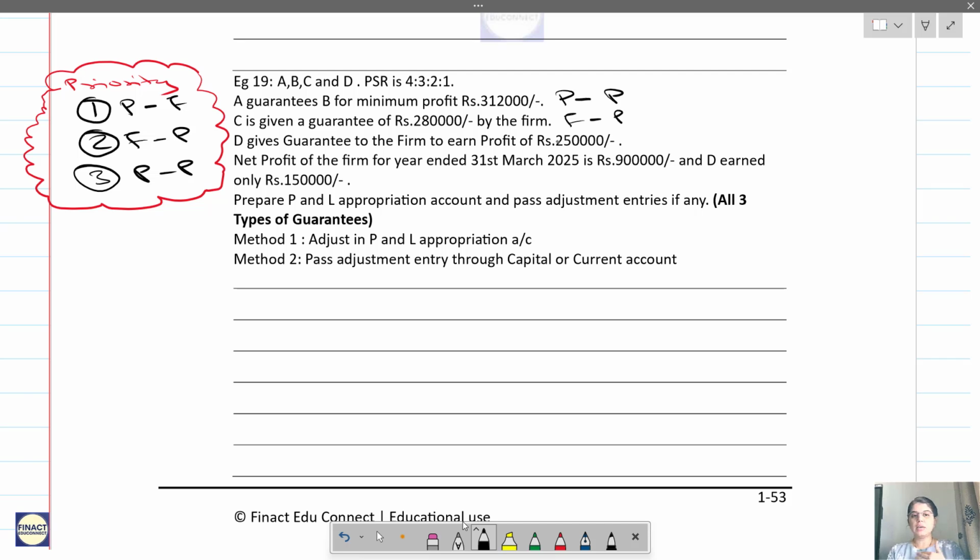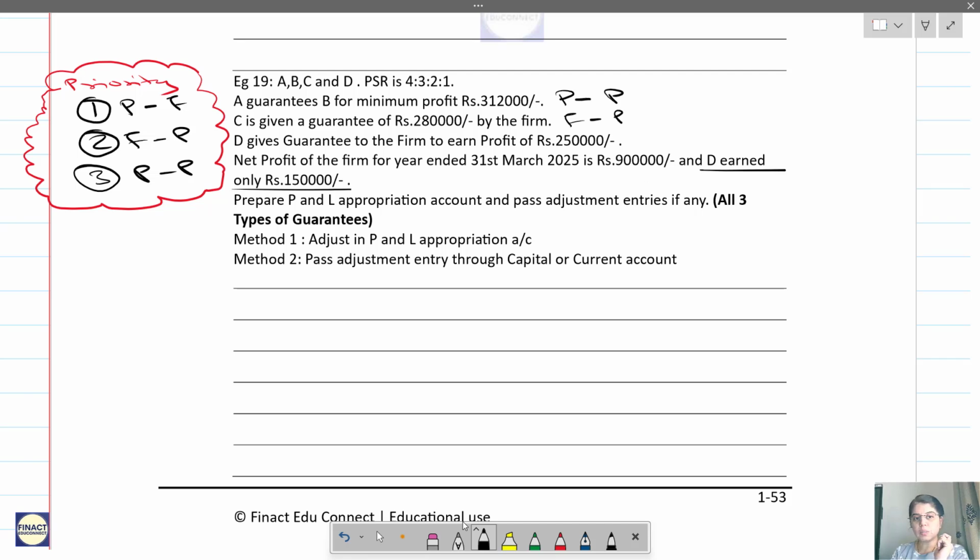So D is giving a guarantee that he will bring in so much business that the profit he will bring is 2,50,000. Now see this carefully. Net profit of the firm for the year ended 31st March 2025 is 9 lakhs, and D earned only 1,50,000.